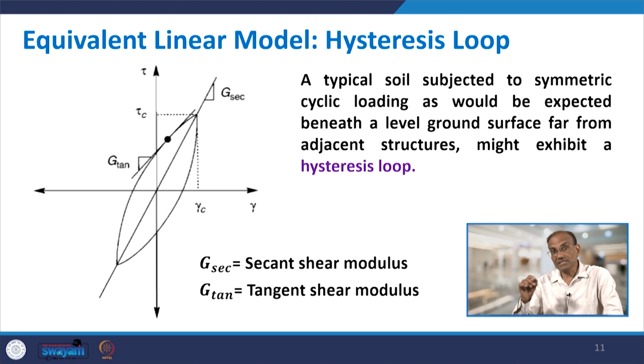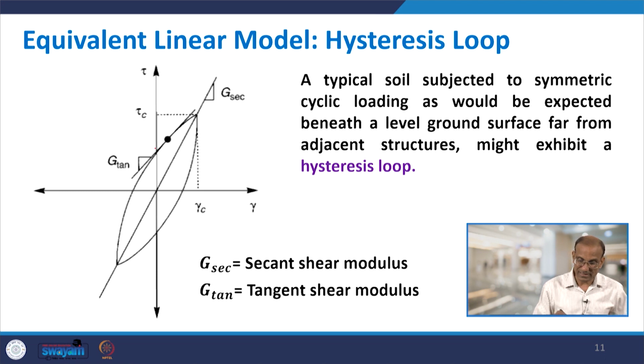For a linear material this relationship is constant, represented by the center line, but for soil-like material it is not a line; rather the relationship is a curve. The stress strain relationship is represented by a loop, which is called the hysteresis loop, and in this case the hysteresis loop is the relation between shear stress and shear strain.